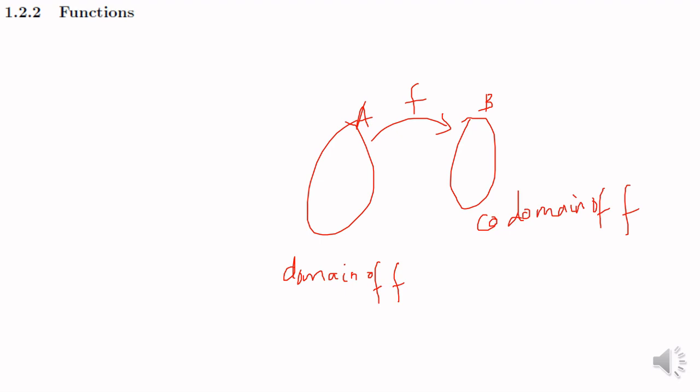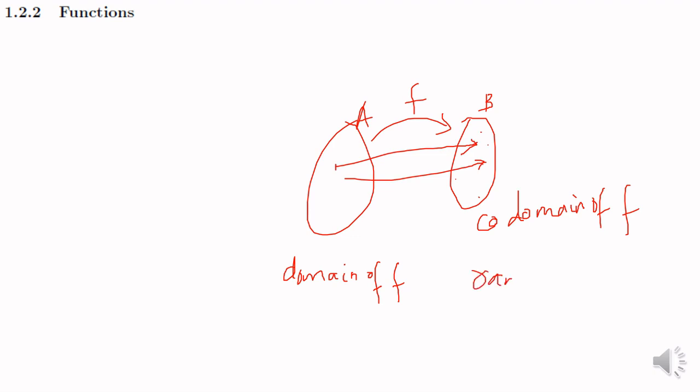Now, if we take all the elements of B which are images of some of the elements of A, then that set is called the range of f.